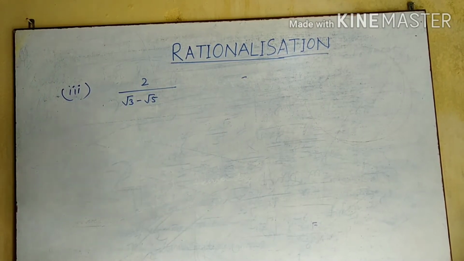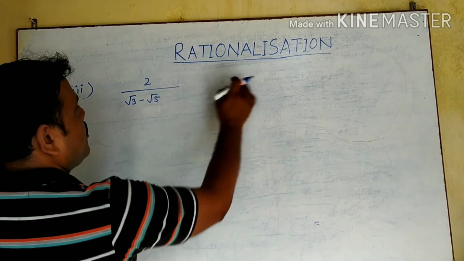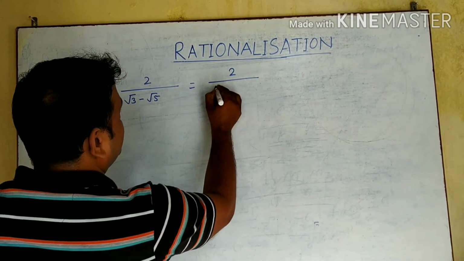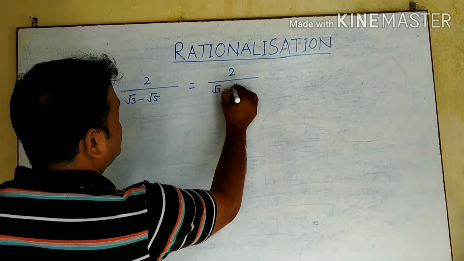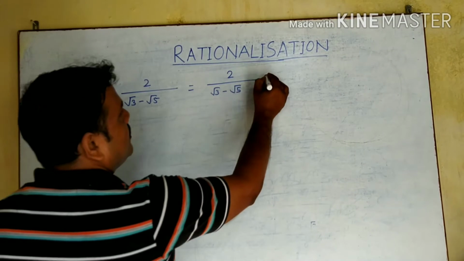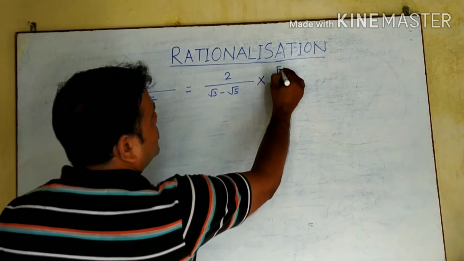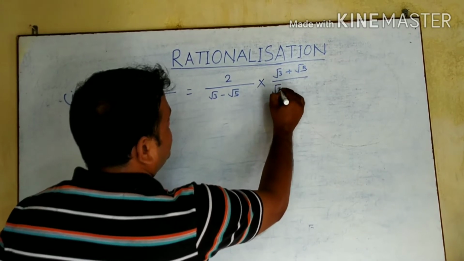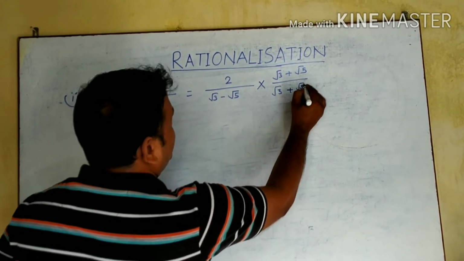What will you do? Very simple, follow the same process: 2 by under root 3 minus under root 5. Now it is in the form a minus b, so you will multiply by under root 3 plus under root 5 by under root 3 plus under root 5.